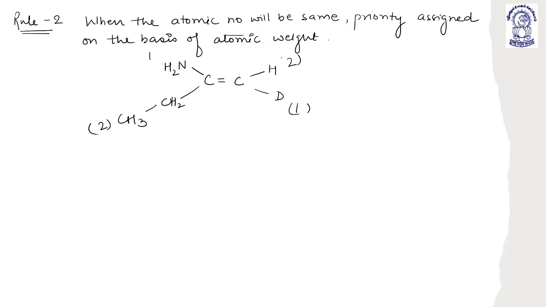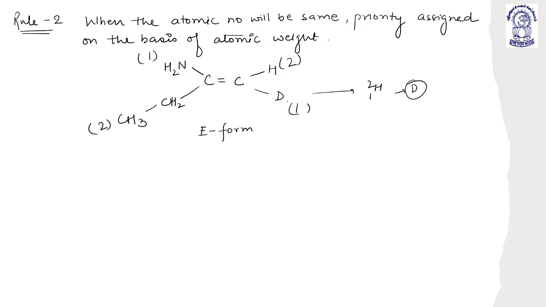Now you can see the groups on the alternate side, that is the opposite side, E form. Because if we talk about D, deuterium, the atomic number is 1 like hydrogen, but the atomic mass is different. 1D2, sorry, 1H2 is basically known as deuterium, and this is 1H1.